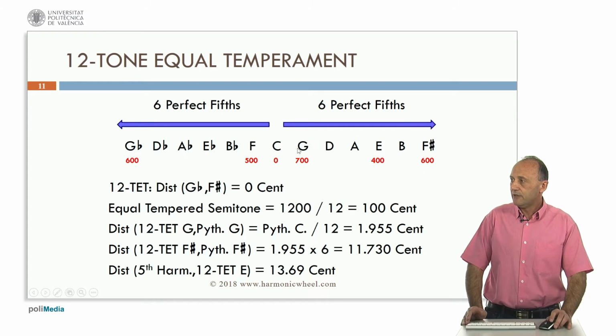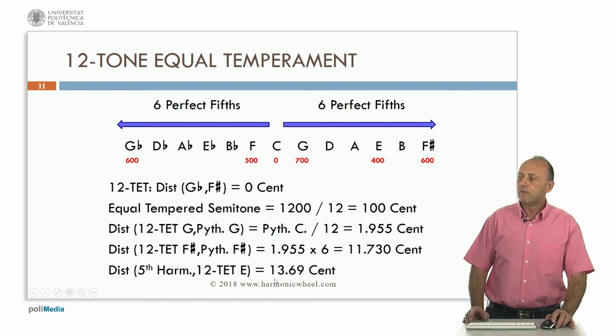The difference between this G and Pythagorean G is about 2 cents. The difference between this F sharp and the Pythagorean F sharp is near 12 cents. And if we consider the fifth harmonic of C, the difference from that note to this E is near 14 cents.